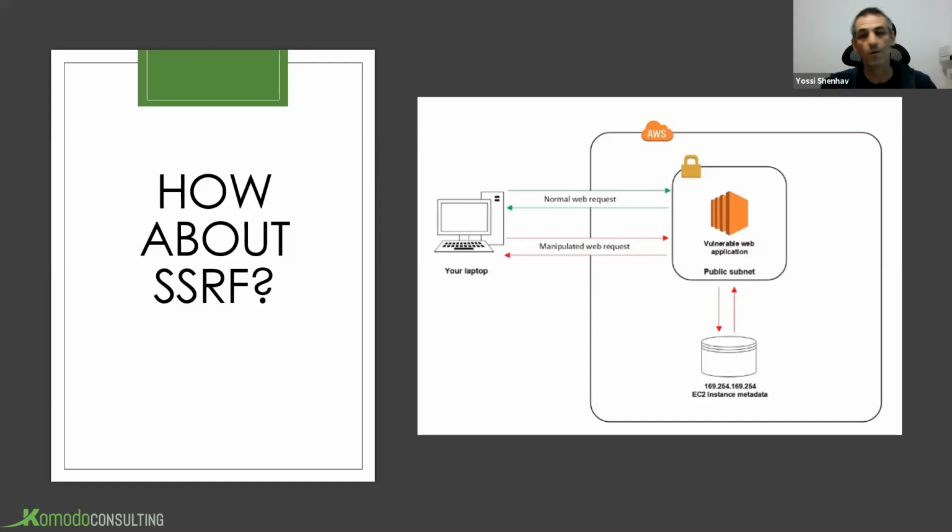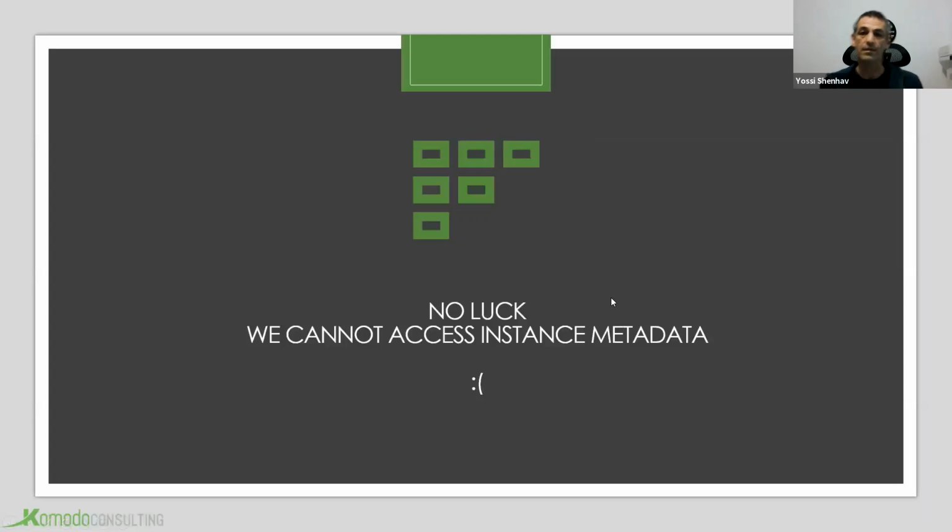And the instance metadata holds credentials that we can use in order to leverage our attack and gain access to different services in the client. We may even get admin level access in the cloud. I guess most, if not all of you, heard about the Capital One attack. So that was originated by such vulnerability. But apparently, it just does not work the same way when we use serverless.